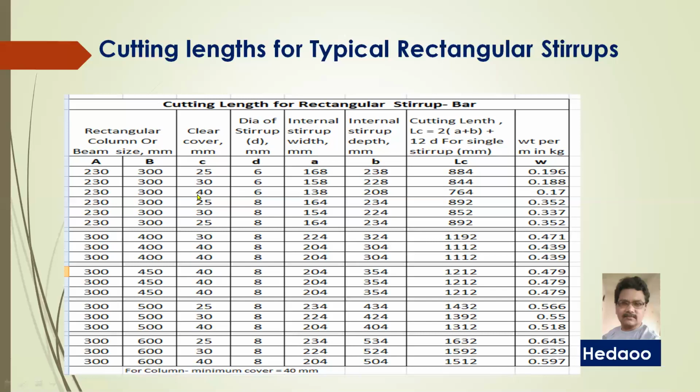Generally the minimum cover for a column is 40 mm, and in beams you can use 25 or 30 mm cover, and above 300, the stirrup diameter generally used is 8 mm. So friends, this table will help you have values of cutting length for different sections.